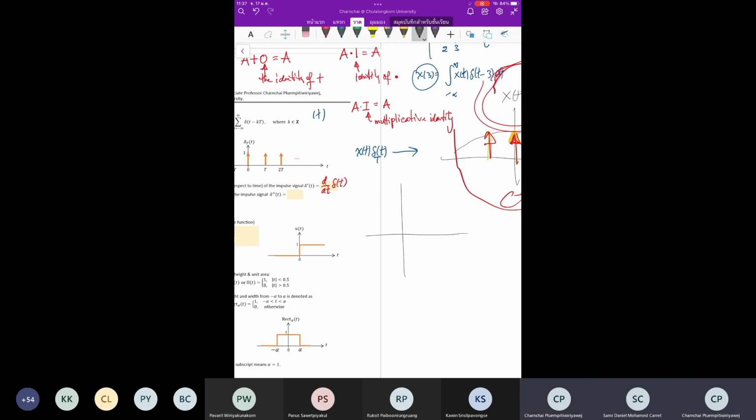Okay, let's go back to the regularized delta t first. Remember the regularized delta t. This is delta t e to the negative epsilon over 2. This is the regularized delta t, right?